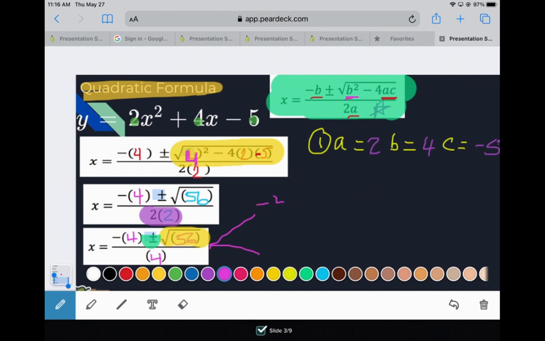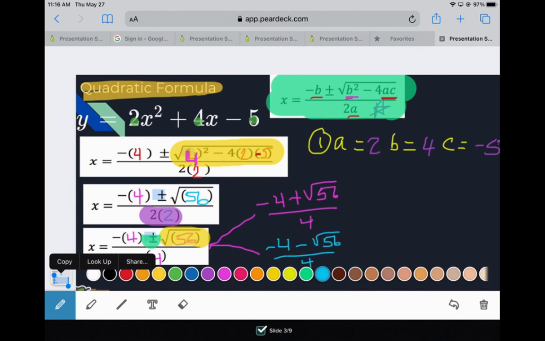The first one is negative 4 plus square root of 56 over 4. The second one is the same thing, but instead of a plus, since it's a plus and minus, I split them up: negative 4 minus square root of 56 over 4. And this would be my answer, or what we call the solution.